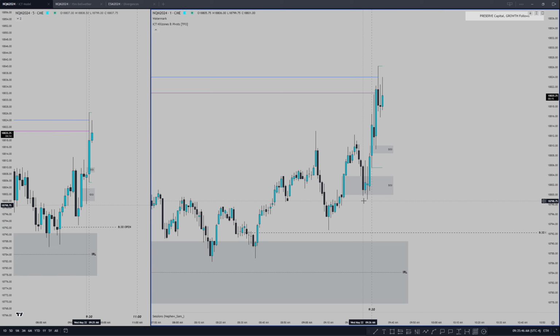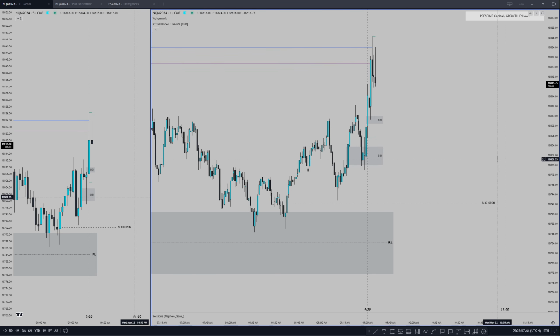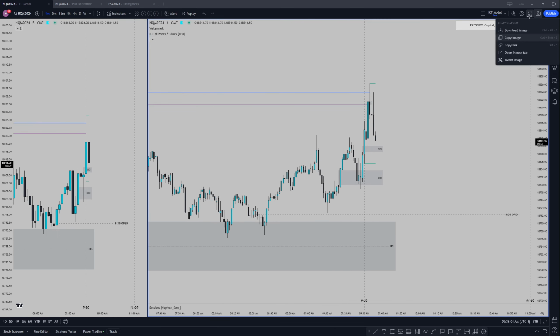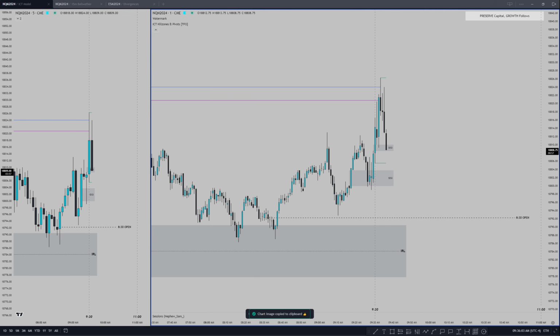Once again, nice little 2:27 to 9:33 soup macro. BISI there in discount, shout out to the buy side. I guess you can also see the low resistance sell side liquidity. Let me screenshot this first. Low resistance sell side liquidity on the way up.